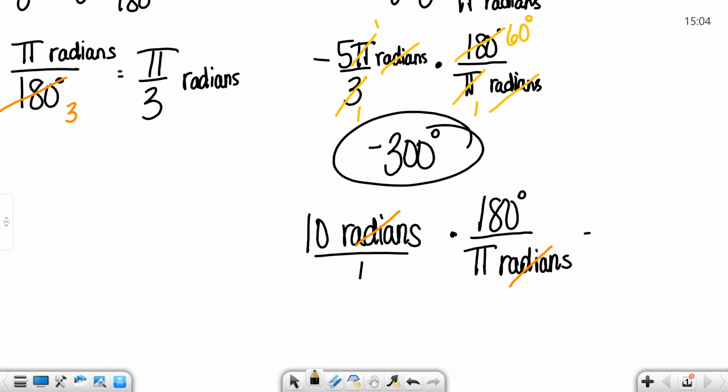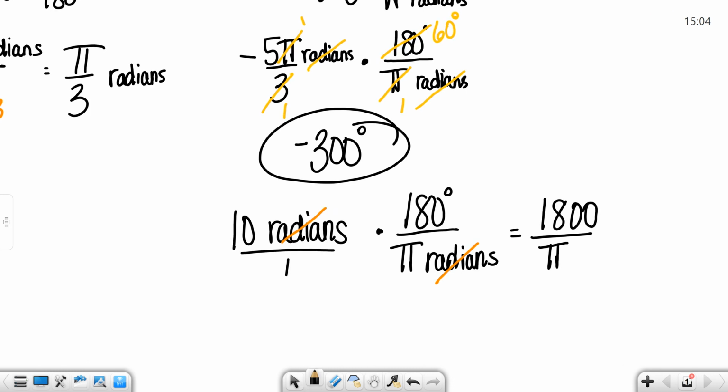So I'm going to multiply across. 10 times 180 is 1,800, and then divided by pi. Now I have to actually use my calculator. You should have at least a scientific calculator that has a pi button on it. You need to use the pi button on your calculator.